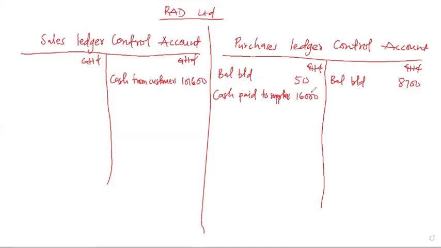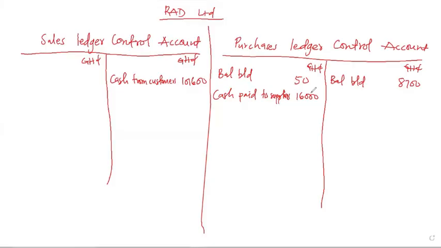And next is purchases journal. We all know that we use the purchases journal to record credit purchases. When there are credit purchases, our creditors' balance will increase.